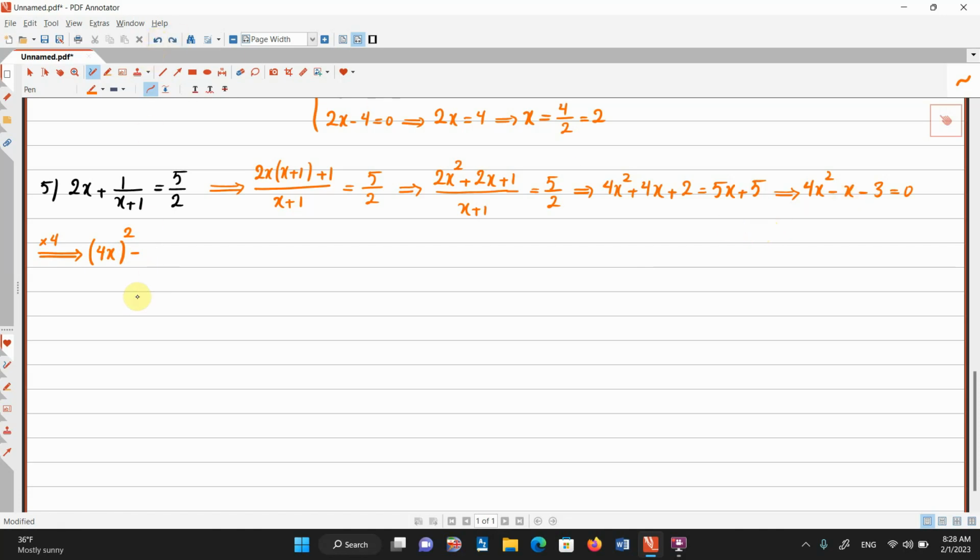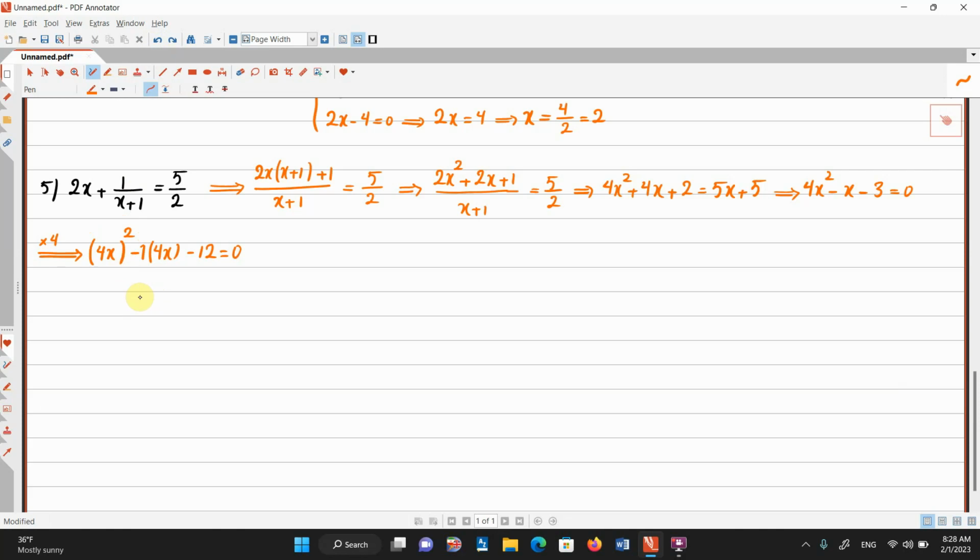And here I should write negative 1 times 4x minus 12 equals 0. As you see, now I have a quadratic equation in which the quadratic term, I mean this term, is a perfect square term and it has a square root.